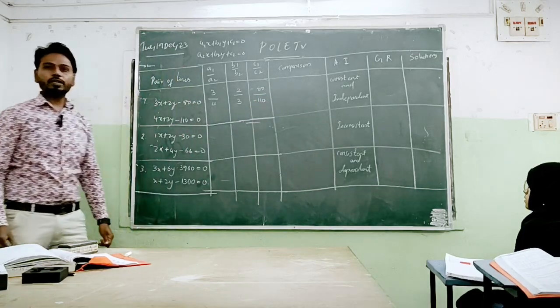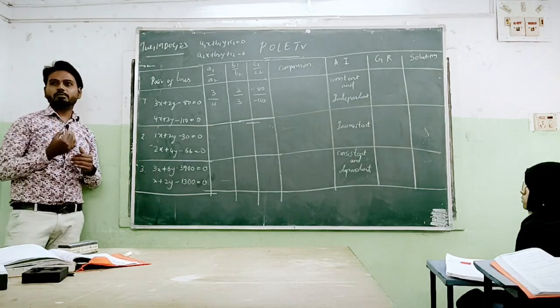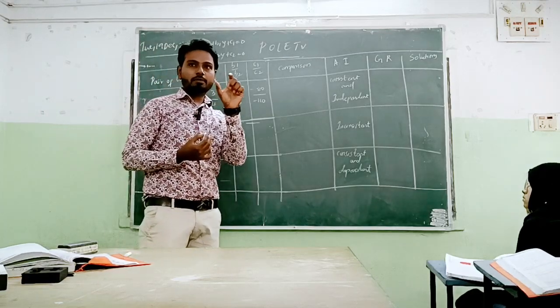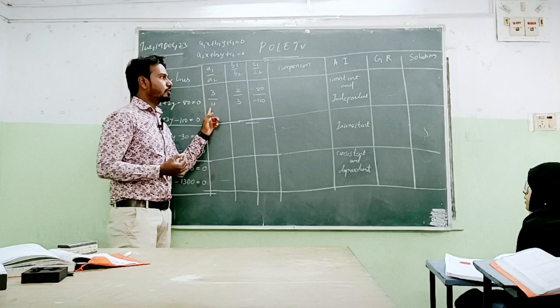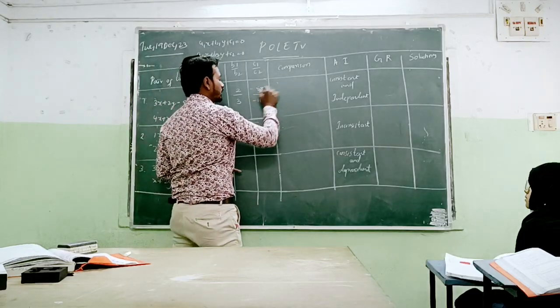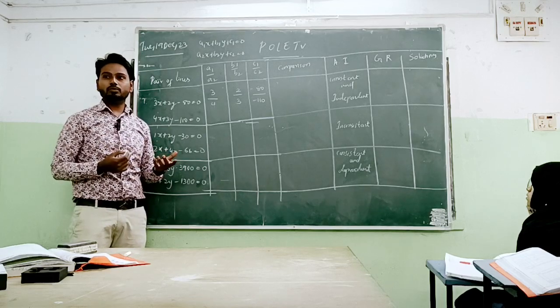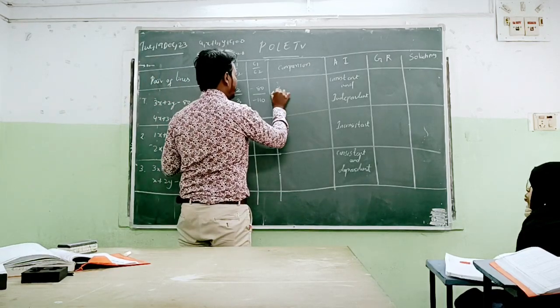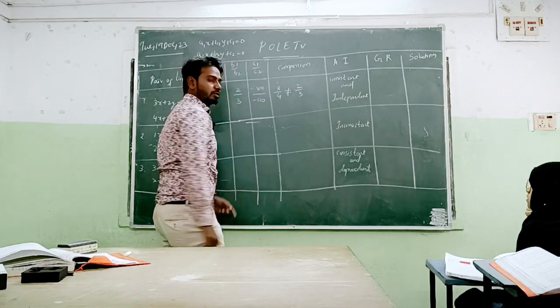Now after this what we have to do? We have to see first what is a1 by a2 and b1 by b2. First you have to check a1 by a2. a1 by a2 is 3 by 4. What is b1 by b2? 2 by 3. So 3 by 4 is not equal to 2 by 3.